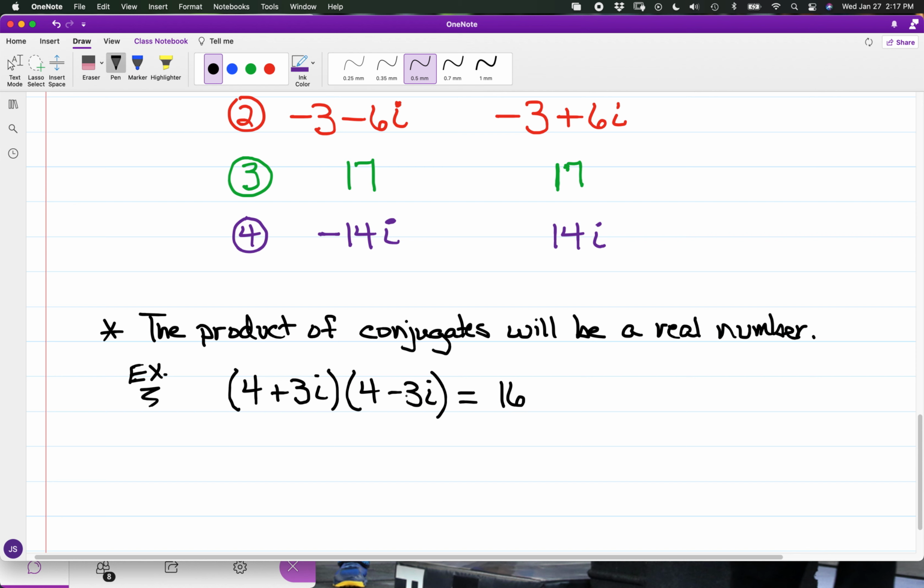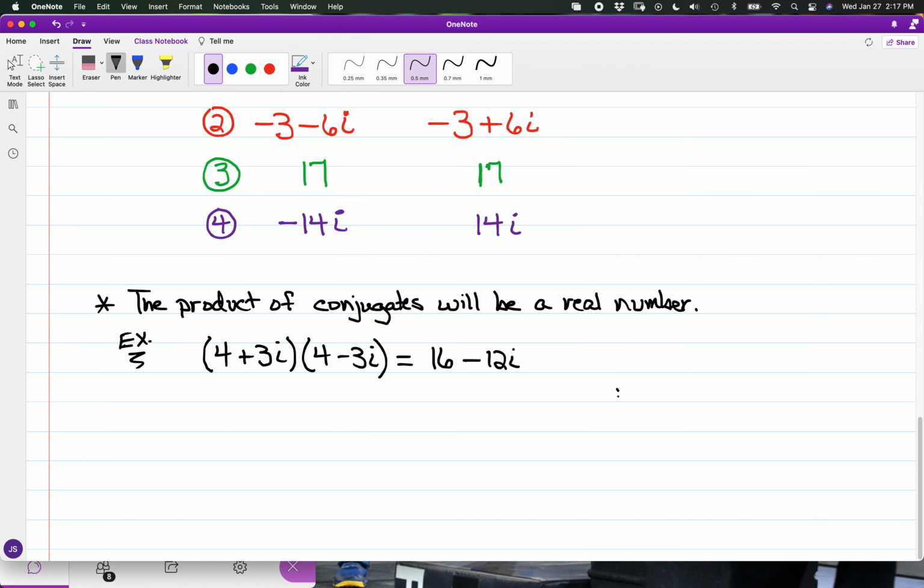And with the outside product, you have 4 times negative 3i, so we're going to have a negative 12i. And then inside, you have 3i times 4, so this will be a positive 12i. And the i terms are going to cancel out.